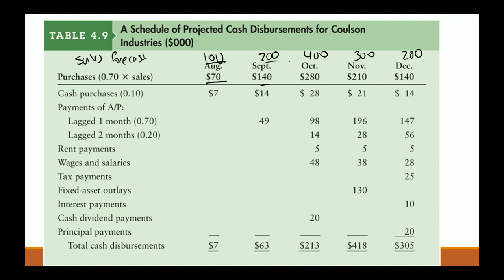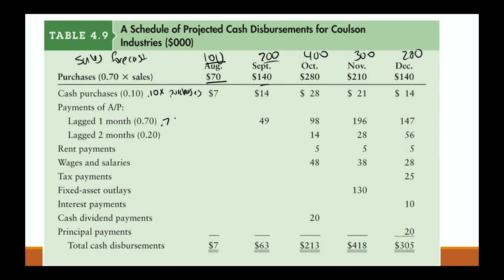Now, typically, of our purchases, 10% are in the form of cash. So we take 10% and multiply it by our purchases. So 10% times 70 gives us $7. 10% times 140 gives us 14, and so on. 70% of our purchases are paid for 1 month after receipt.